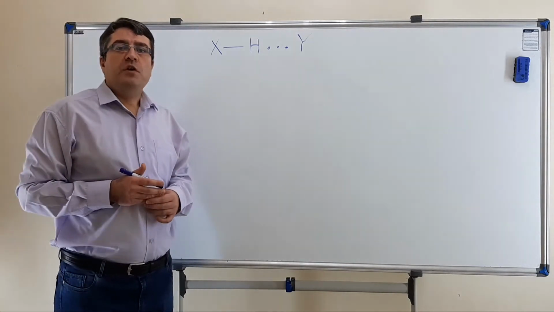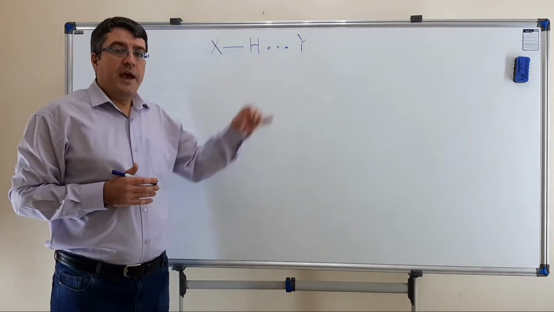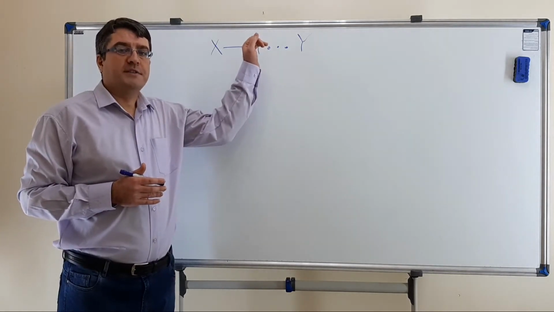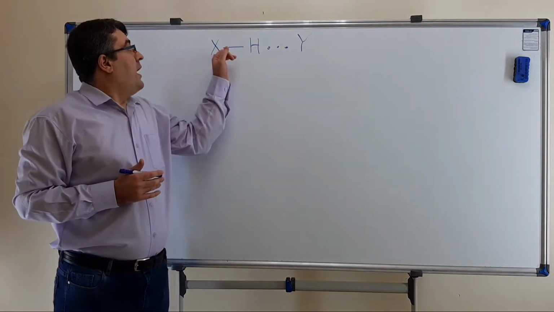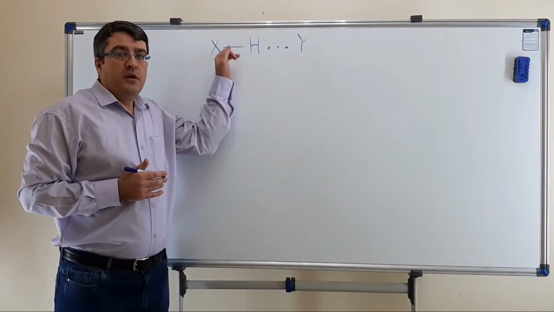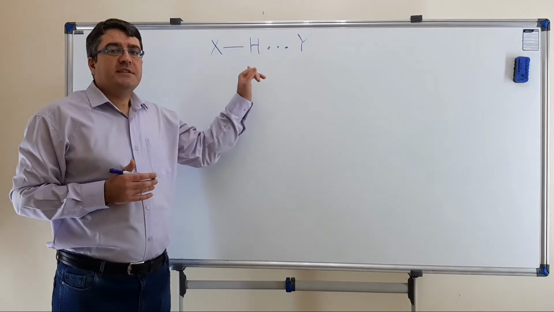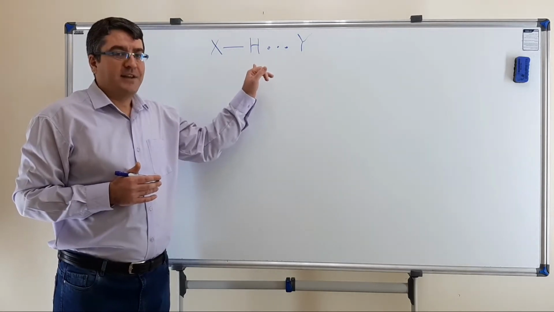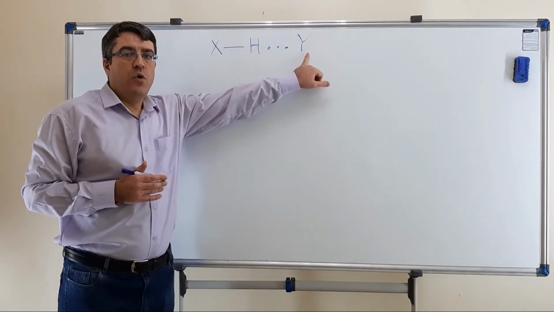From the point of view of electrostatic interactions, here hydrogen is partially positive as a result of attachment to the electronegative atom X or group X. And the partially positive hydrogen is attracted to the partially negative atom Y or an anion.